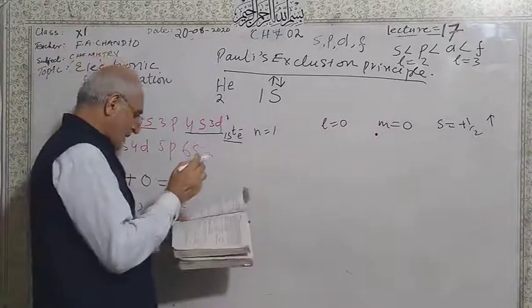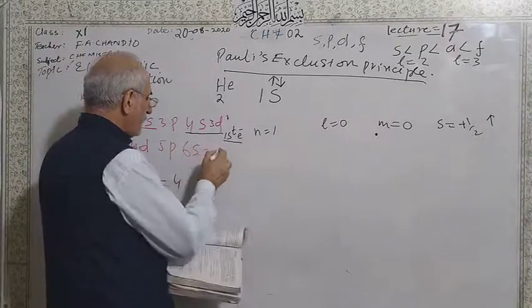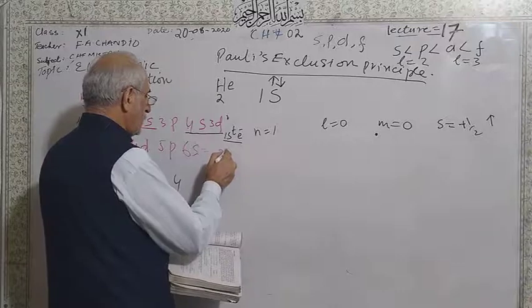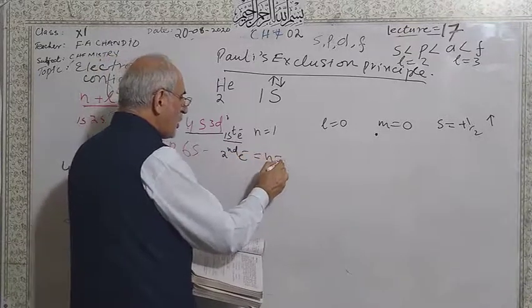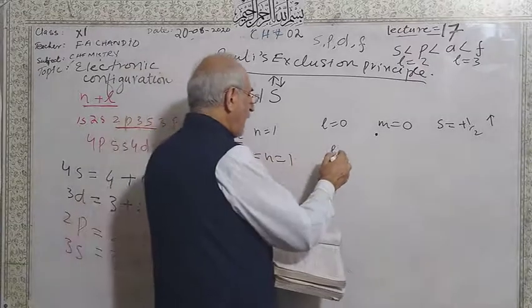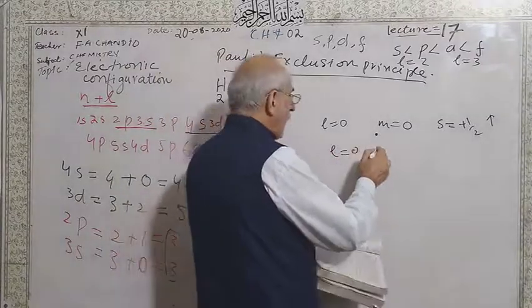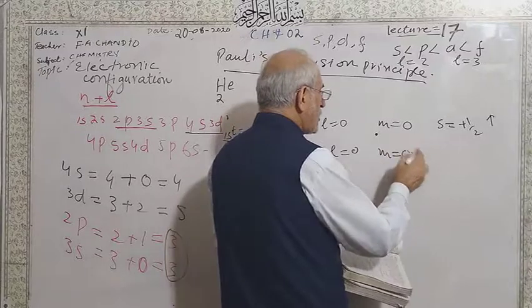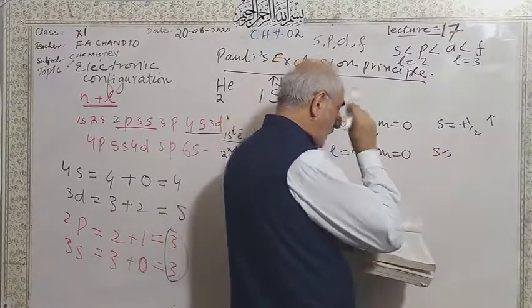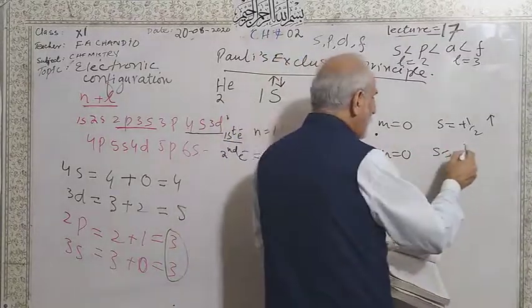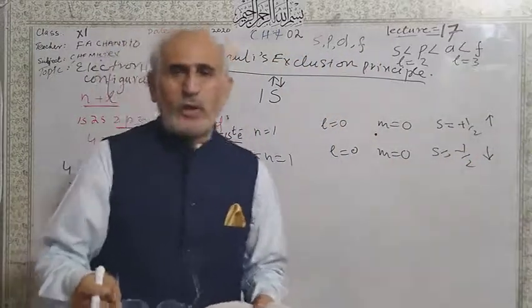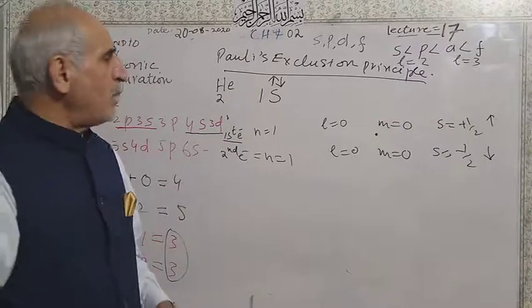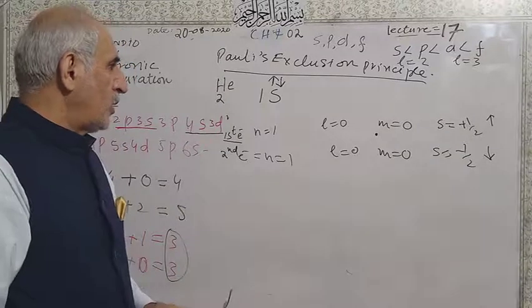For the second electron, again n is equal to 1, l is equal to 0, and again m is equal to 0, so s will be minus half and the spin must be downward.